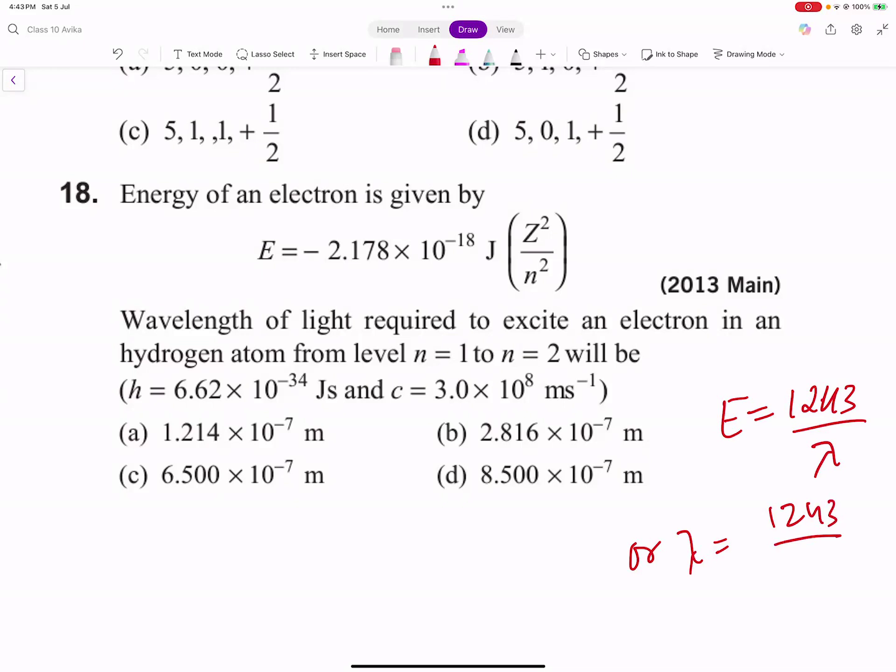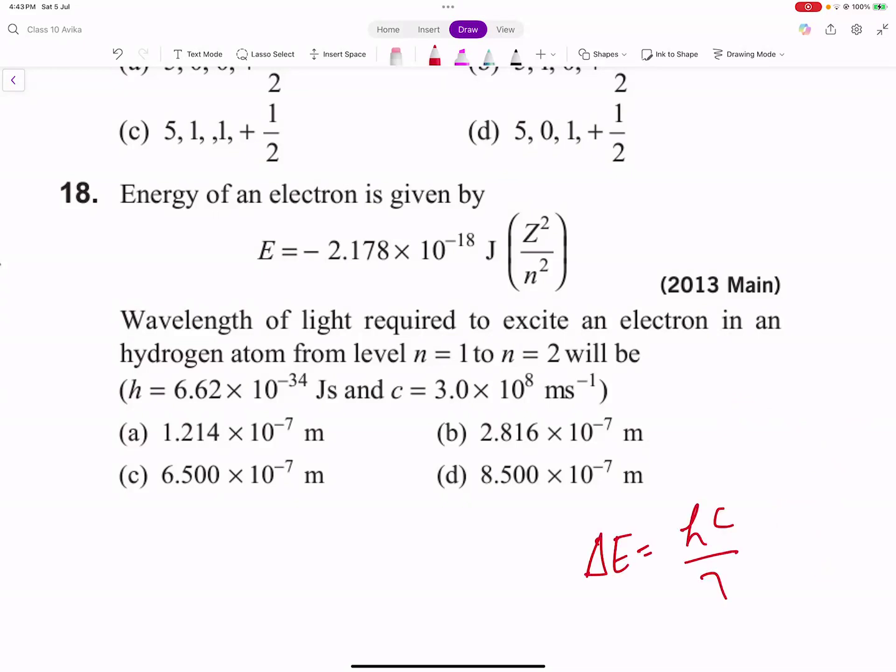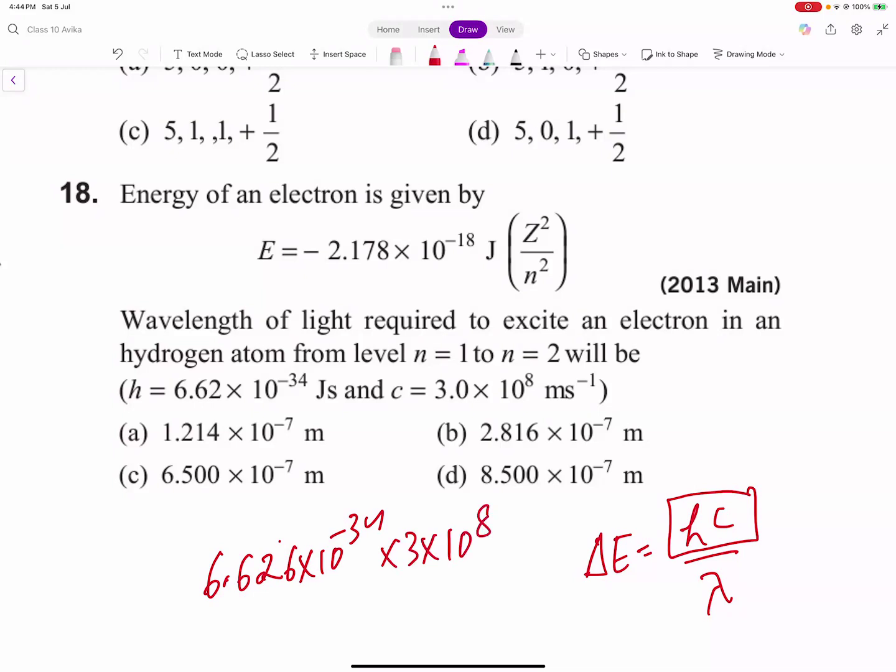Let me tell you, we know that delta E is equal to hc by lambda, right? In SI units, I can also make this into some constant value, because we can multiply and this will come out to be some number into 10 to power 8. Let's see how much it turns out to be.